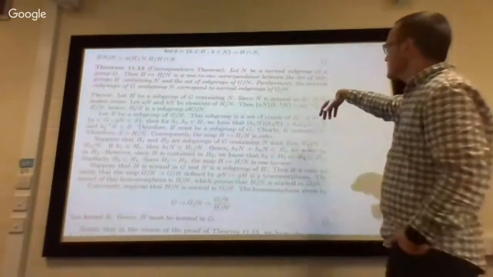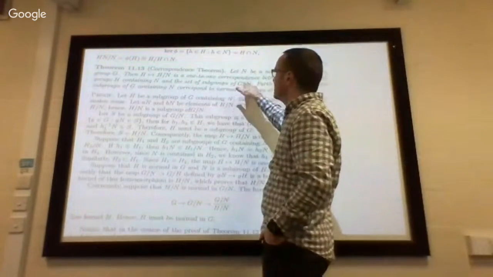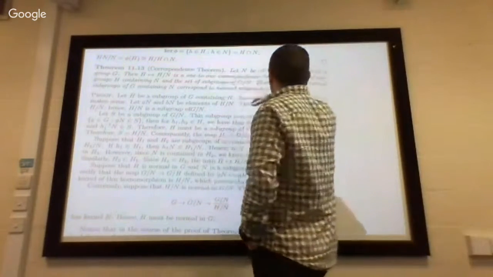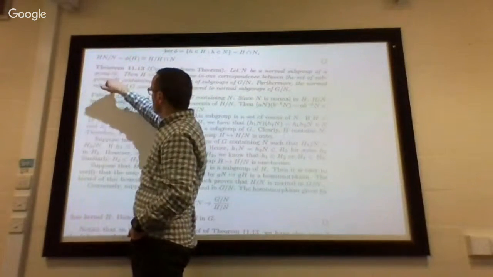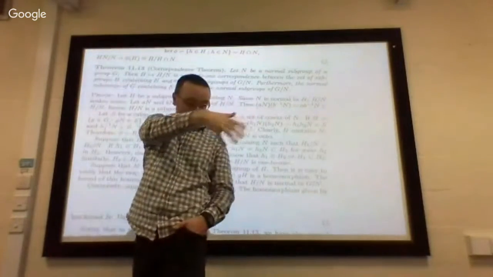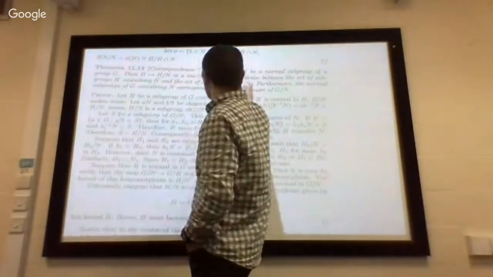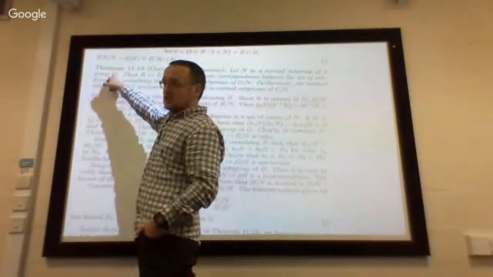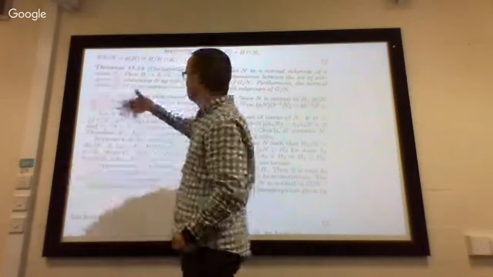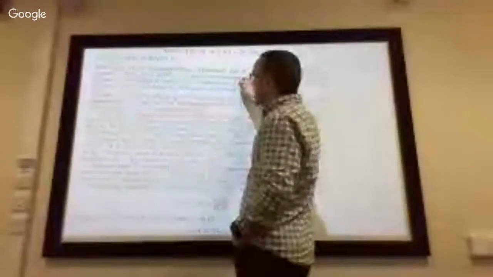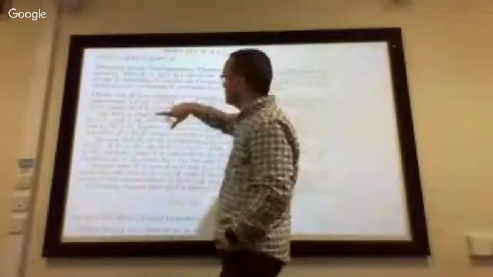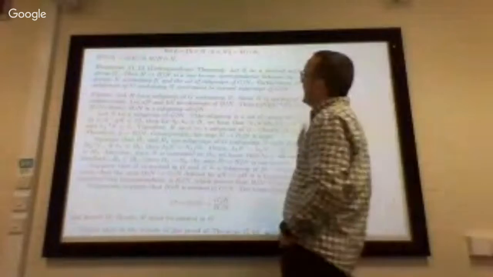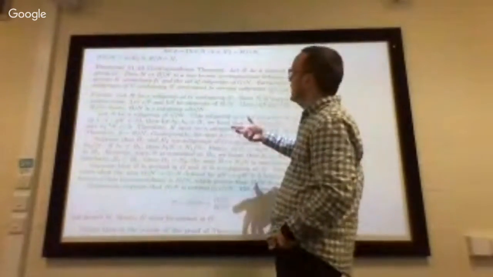The correspondence theorem tells us that subgroups of G/N are in 1-to-1 correspondence with subgroups of G that contain N. Okay, we're using the same letter H, but in the proof we're developing, H is a subgroup of the factor group, whereas in this statement, H is a subgroup of G, so it's a different use of H. And this correspondence is through the factor group homomorphism.